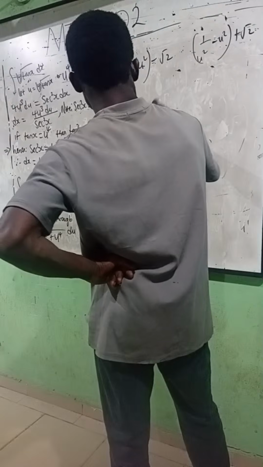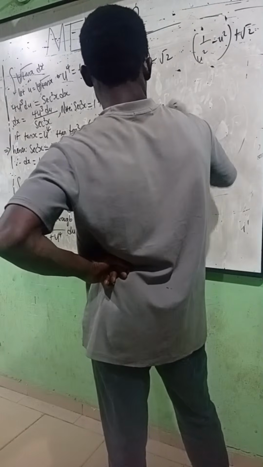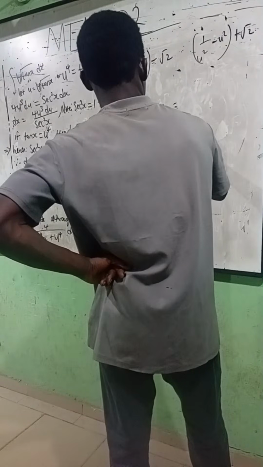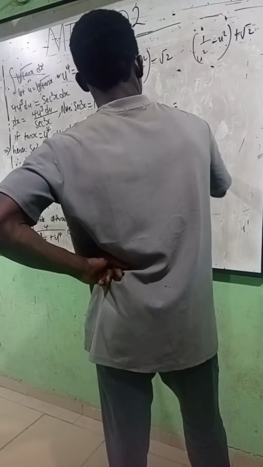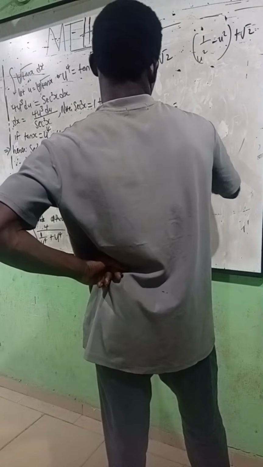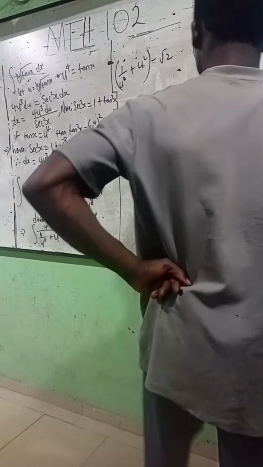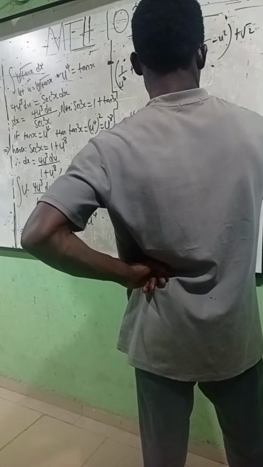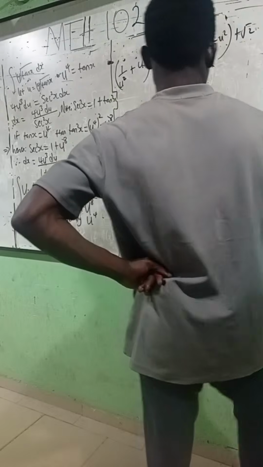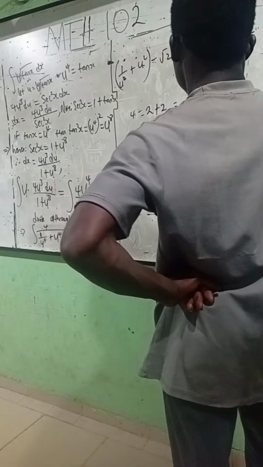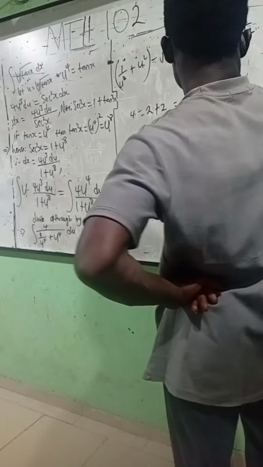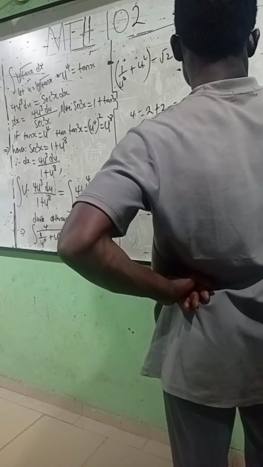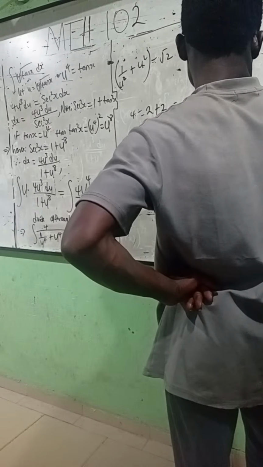4 equals to 2 plus 2 equals to 2 equals to what? 2 root 2u square into u square minus root 2u square plus 1 plus u square plus root 2u square plus 1.